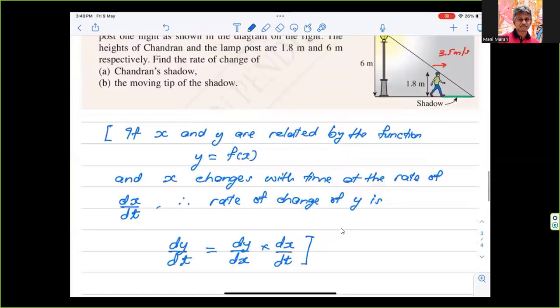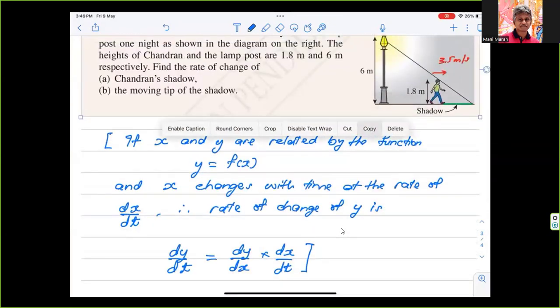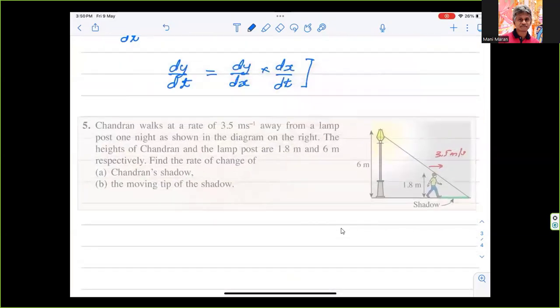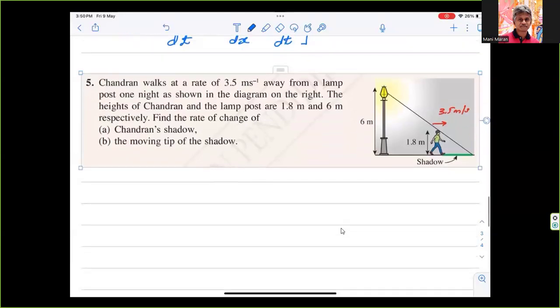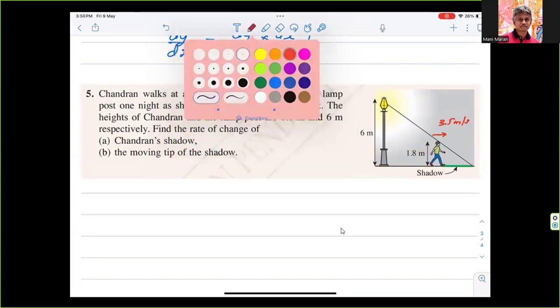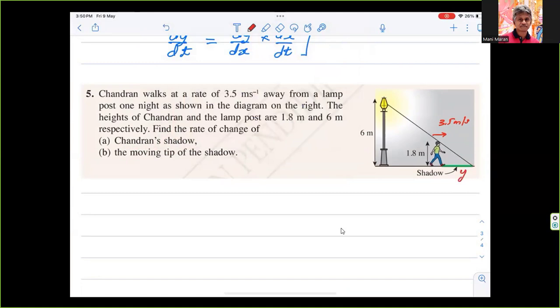This is the concept we are going to use in this problem. I'm going to copy this down again so you can see more clearly. We need to find out in the question where x and y are. You notice that there is no x and y given to you. But we are asked to find the rate of change of Chandran's shadow, so the length of the shadow we call y.